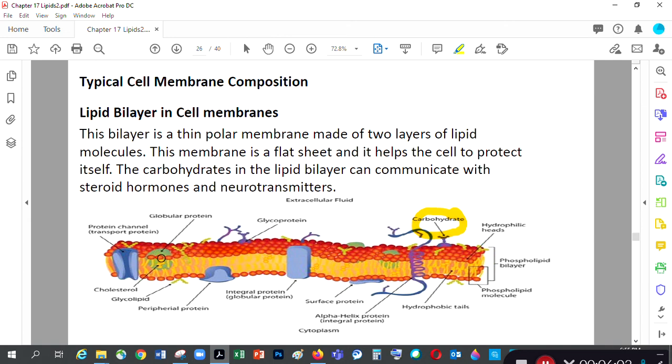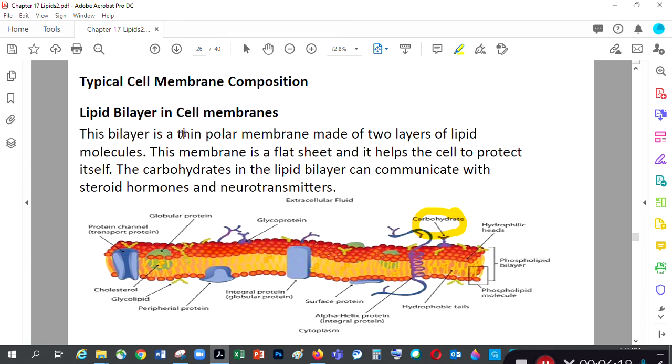So this is just a protection belt surrounding the cell, and it has channels. Those are proteins.